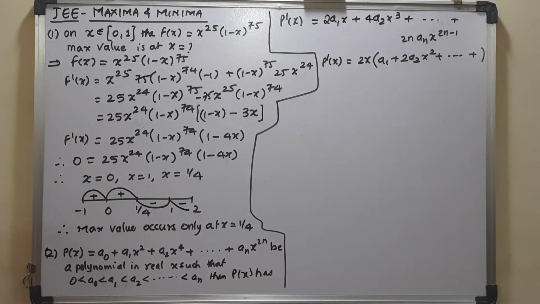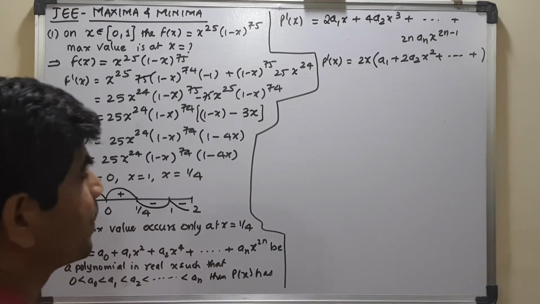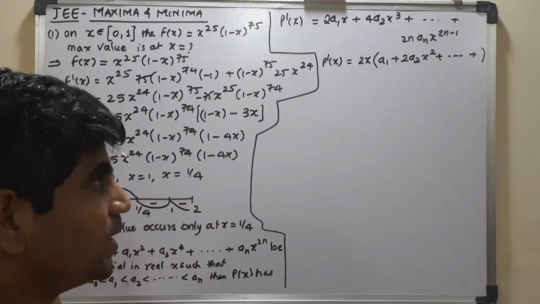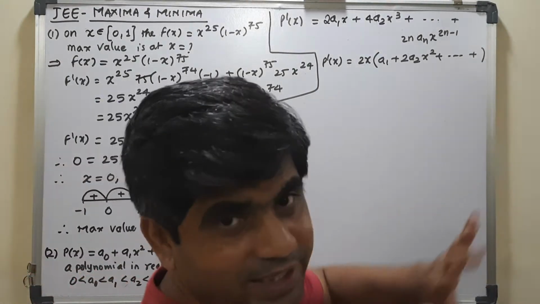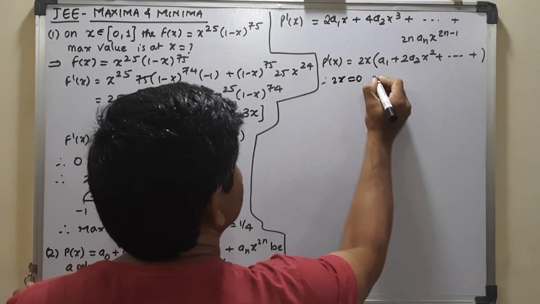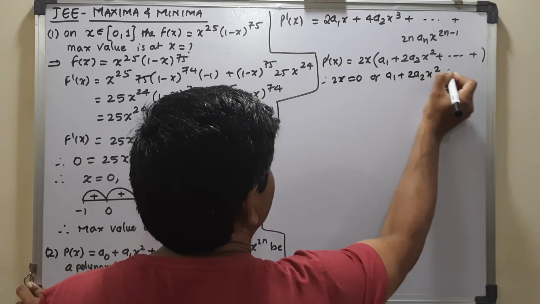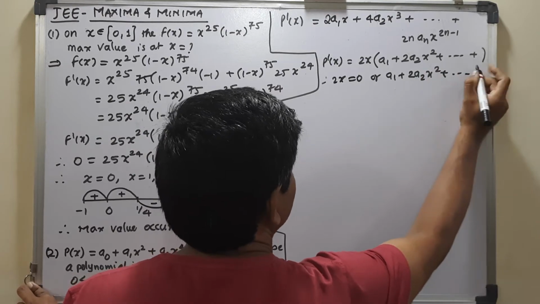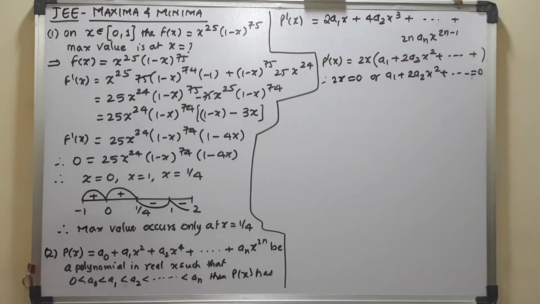So 2x if it comes outside, I get here 2x raised to n x raised to 2n minus 2. Okay. So this I got. It clearly indicates that a critical point lies either here or here. So therefore, you will get 2x is equal to 0 or a1 plus 2a2 x square and so on, either this is equal to 0. Getting it? Okay.